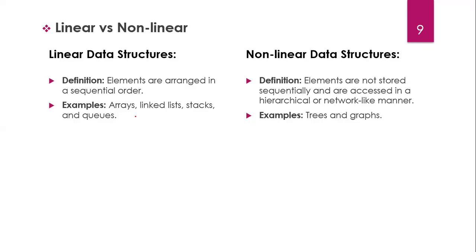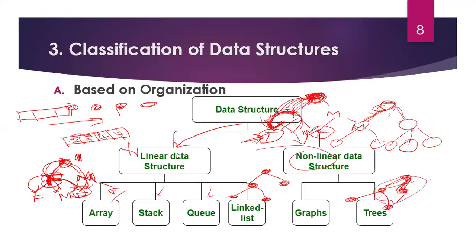That is the nonlinear structure. Then you can see here I have given the linear structure. In the linear structure there are arrays, stacks, queues, and linked lists. In the nonlinear structure there are graphs and trees.